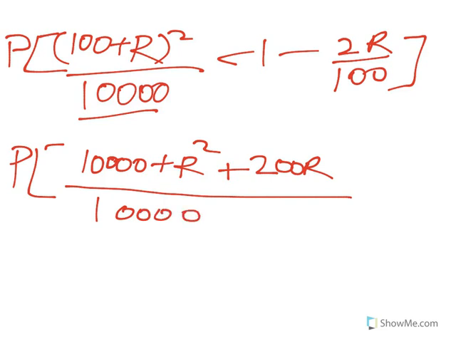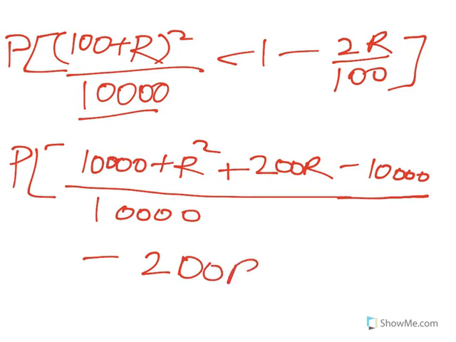And the 1 is going to become minus 10,000, and minus 200r by 10,000.